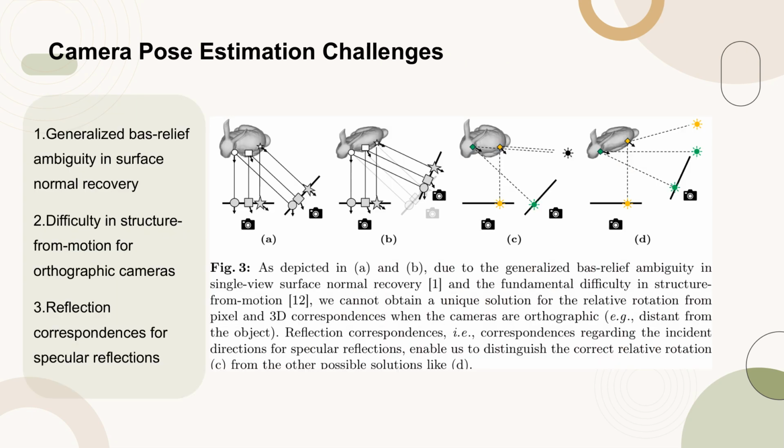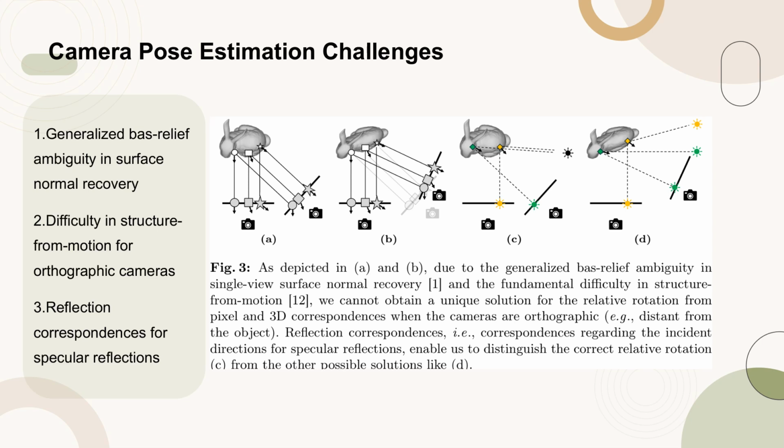Figure 3 illustrates the challenges in camera pose estimation, particularly under orthographic projection. The generalized bas-relief ambiguity in single-view surface normal recovery and the fundamental difficulty in structure from motion prevent obtaining a unique solution for the relative rotation from pixel and 3D correspondences.